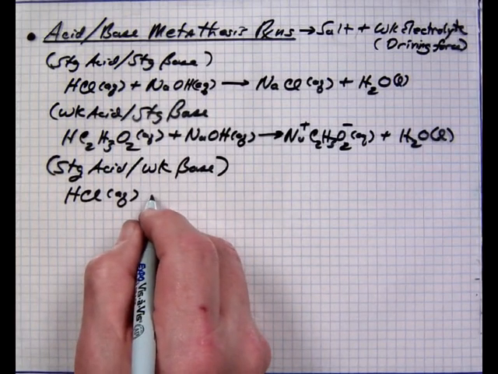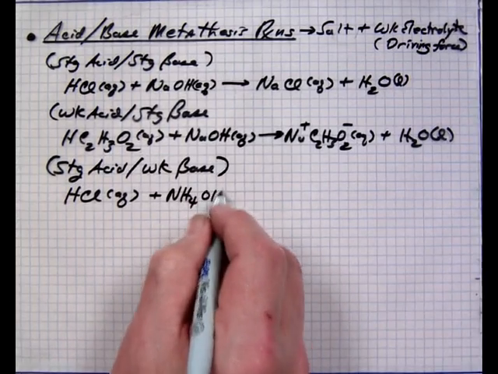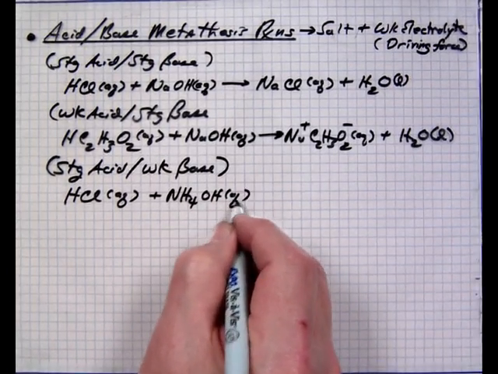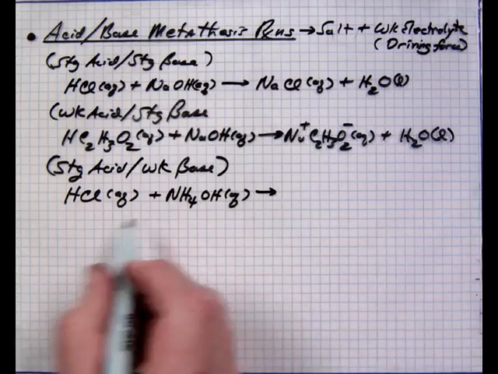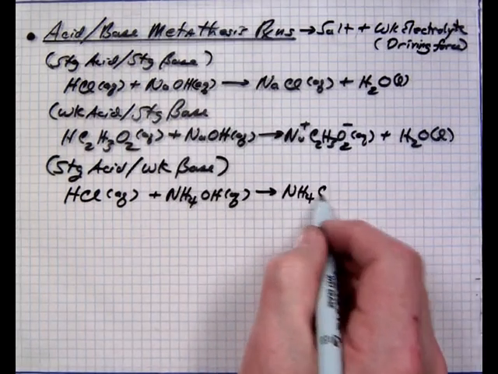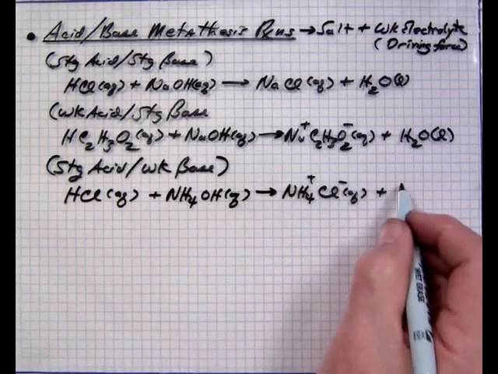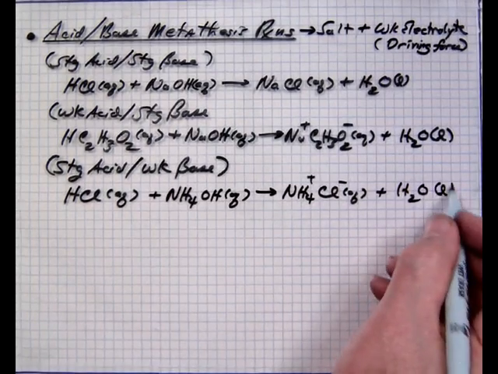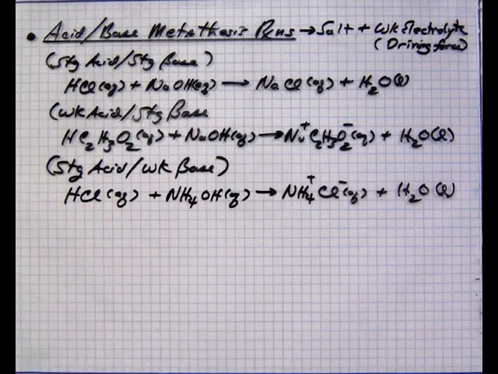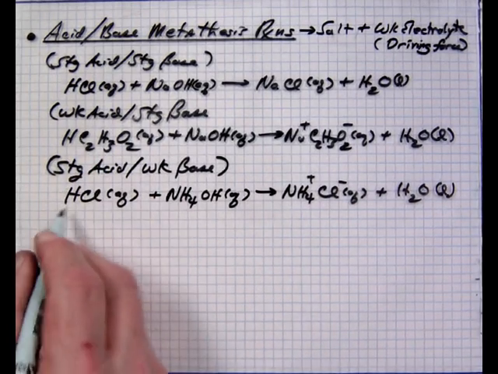HCl plus, say, ammonium hydroxide, aqueous, goes to the ammonium chloride salt. Again, the weak electrolyte in this reaction is water.